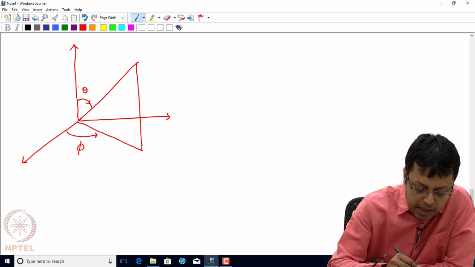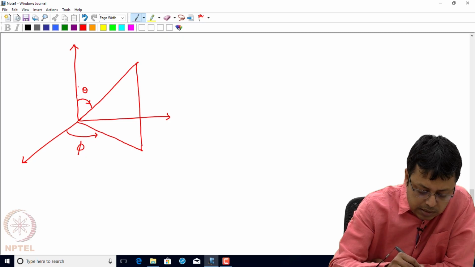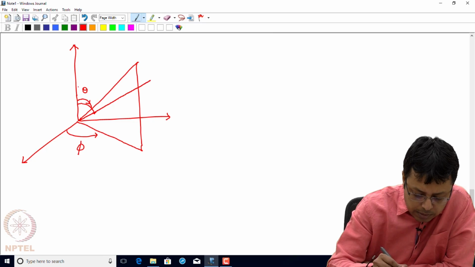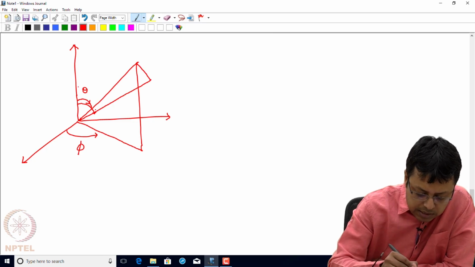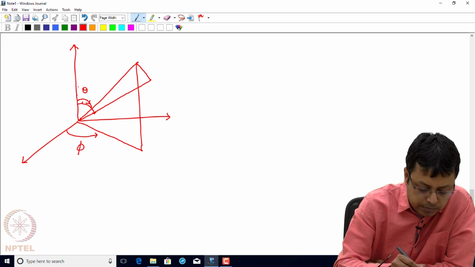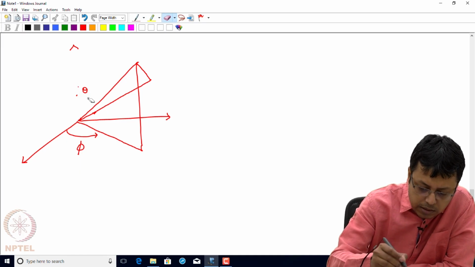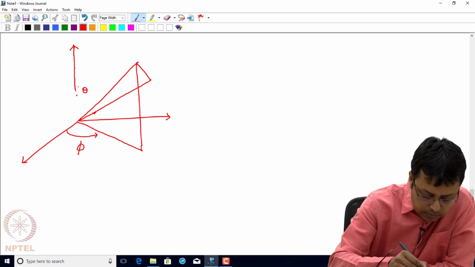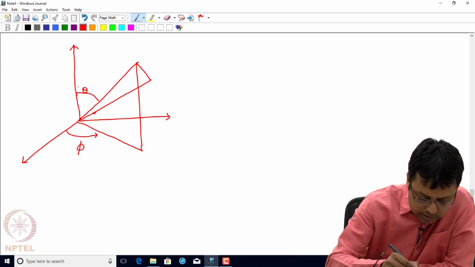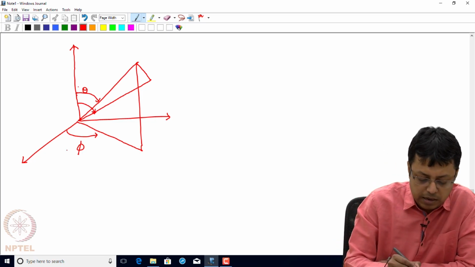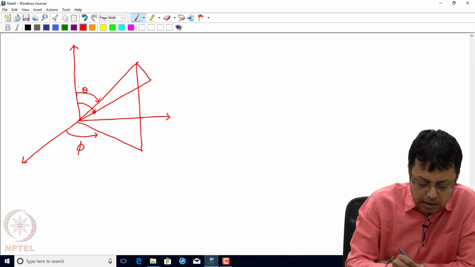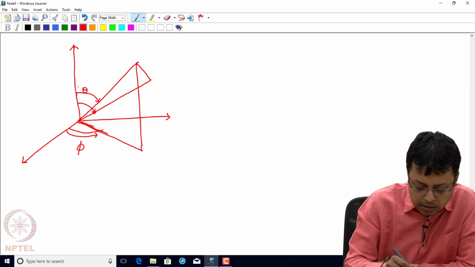I have to vary the angles. Suppose I change theta to theta plus d theta, a small angular increment. This is theta, and this is theta plus d theta. Similarly, I can sweep another angle from phi to phi plus d phi.